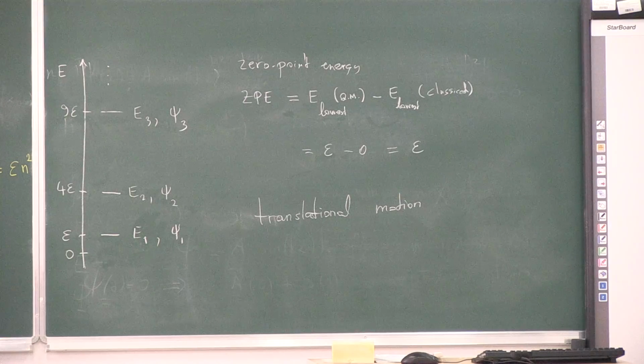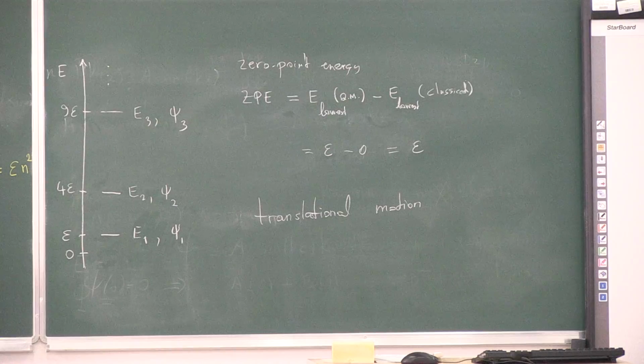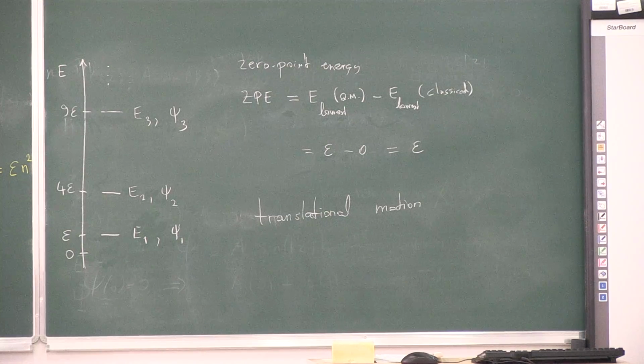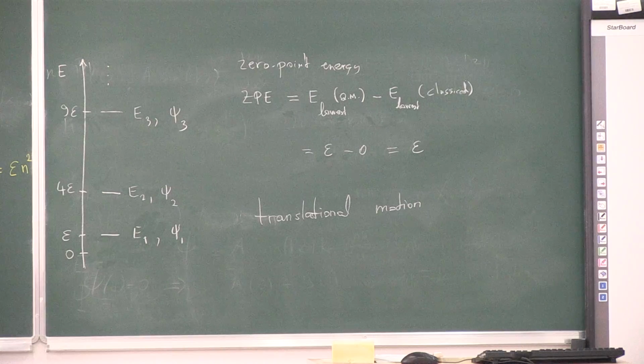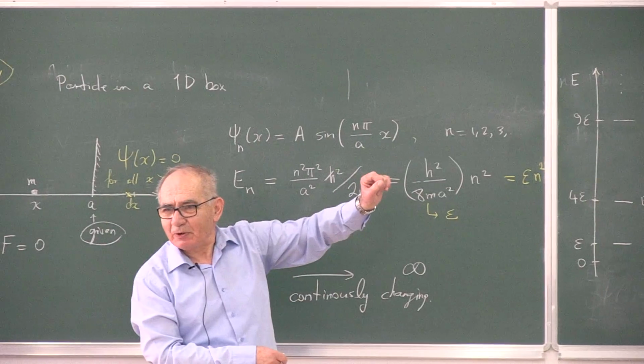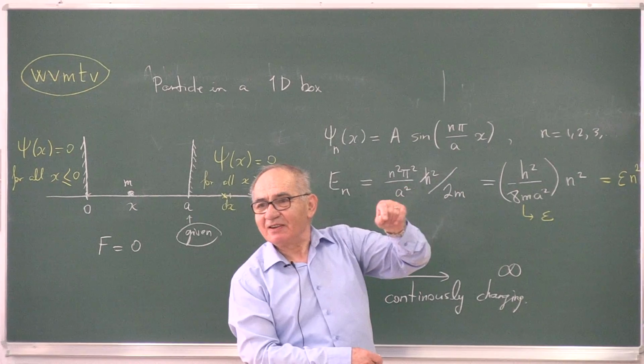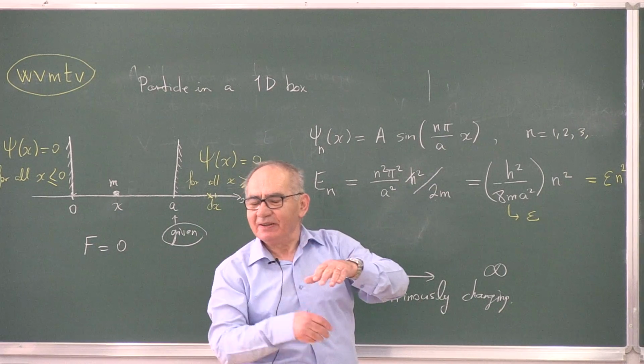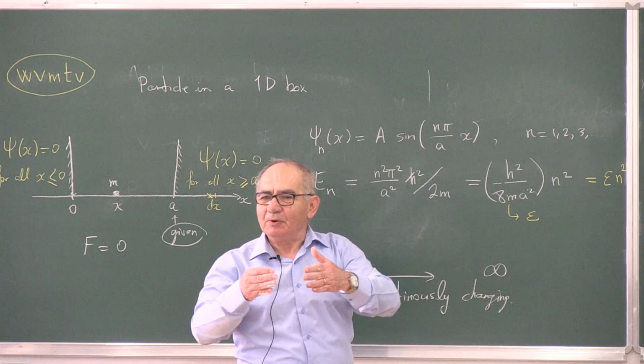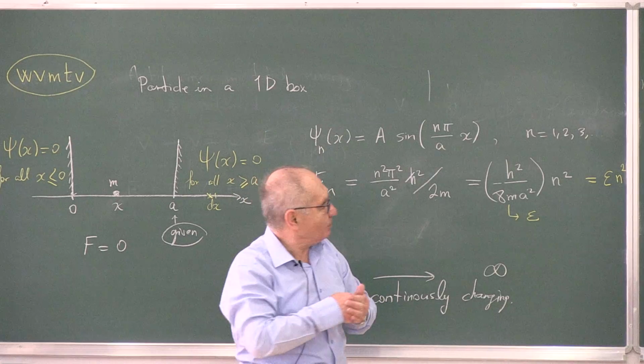Vibrational motion is like that. We use such terms: vibrational, rotational, and translational. So in this case, a more accurate expression for this zero-point energy will be the translational zero-point energy, so that it is understood what kind of motion we are talking about.